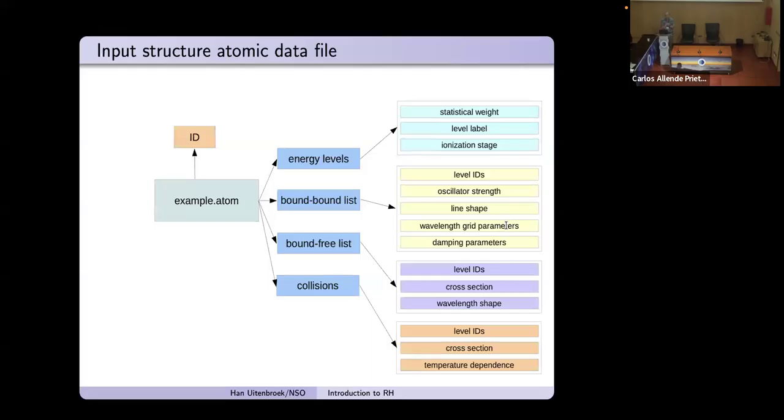And instead of leaving it up to the user, the code determines the wavelength grid with a dense grid in the core of the line and a sparser grid in the line wings, so that at least the radiative rates are properly represented. And then there's the different broadening parameters. And similar things are needed for the bound-free, the ionization transitions, and the collisional transitions.